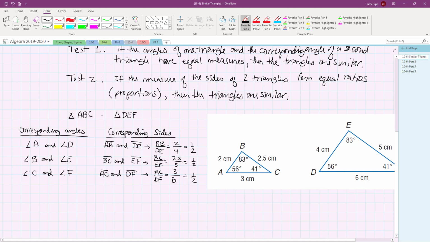To say mathematically that they are similar, we have a sign that looks like this. It's a little squiggly sign. That means that triangle ABC is similar to DEF. So this sign means is similar to.